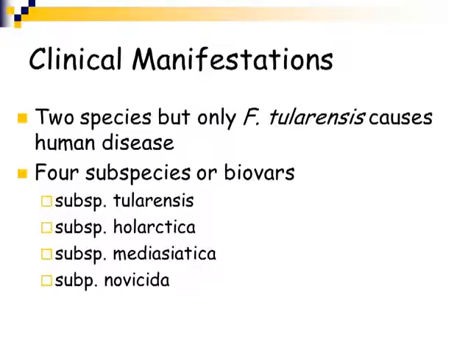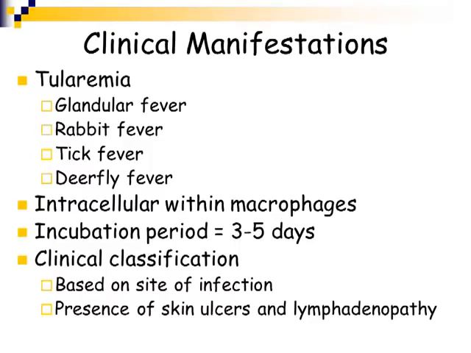There's Francisella tularensis subspecies tularensis, Francisella tularensis subspecies holarctica, Francisella tularensis subspecies mediasiatica, and some of these are very difficult to say, Francisella tularensis subspecies novicida. We just refer to all of them as Francisella tularensis, and Francisella tularensis causes the disease tularemia.